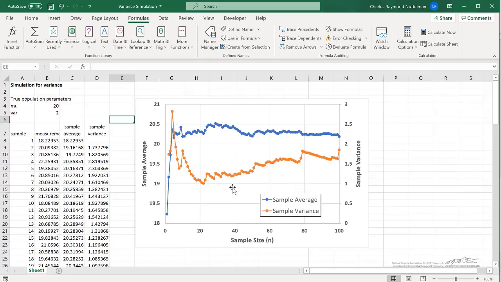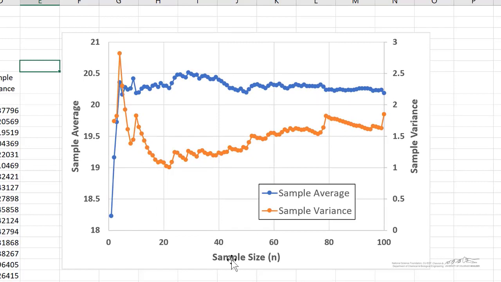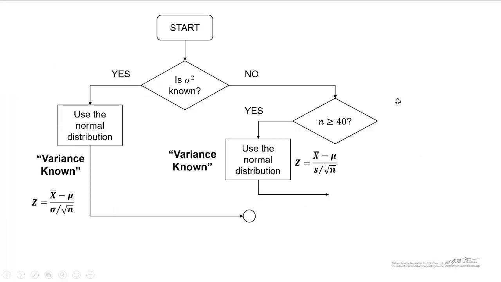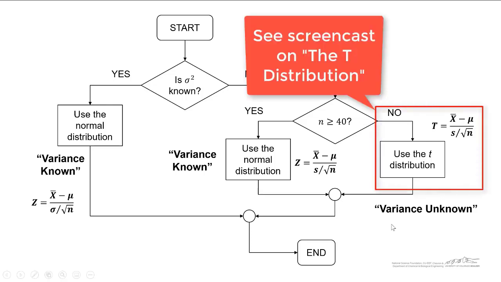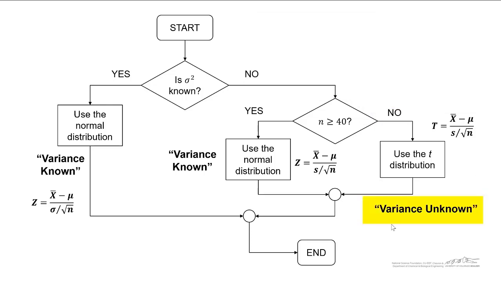Again, in this simulation, when the sample size gets bigger than about 40, our sample variance is getting close to the population variance. However, if the sample size is not greater than 40, then you're going to have to use something known as a t distribution. This is known as the variance unknown case, where we calculate a t statistic, this formula up here. And again, I'll be talking about this in a subsequent screencast.